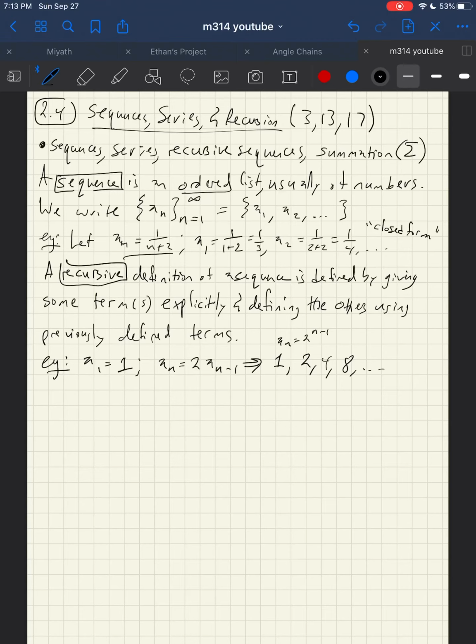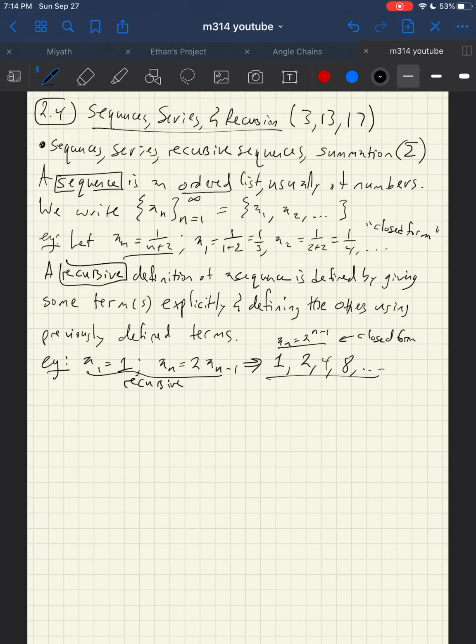Some people like to start sequences at 0. I think in the notes I start with a0 instead of a1. It really doesn't matter. This would be the closed form, and this would be the recursive form. Notice that both of these definitions give rise to the same list of numbers in the same order, but one way is closed and the other is recursive.